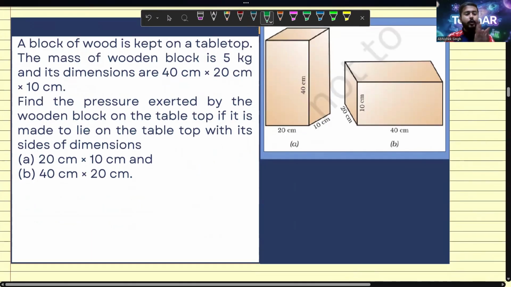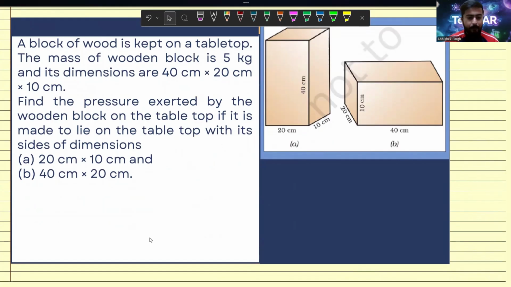I have a good question for all of you. Let's have a look at this question and get an understanding of it. A block of wood is kept on a tabletop. The mass of the wooden block is 5 kg. The mass is given. And its dimensions are 40 centimeter, 20 centimeter, and 10 centimeter.